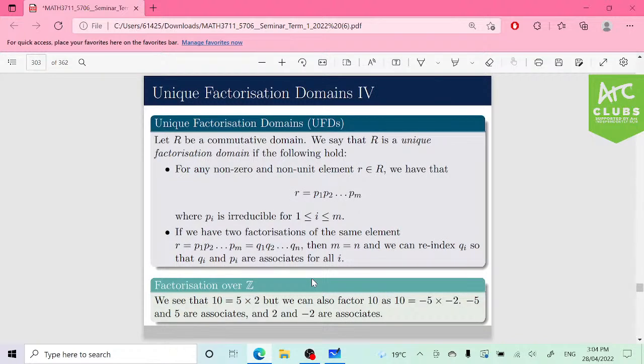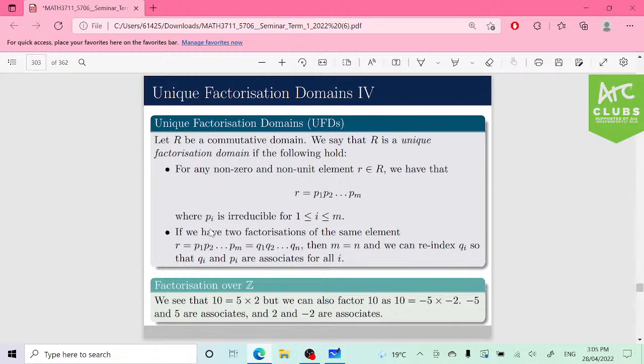Alright, so let's have a look at the definition of a unique factorization domain. Let's start off with a commutative domain, the building block that we're going to begin with. And then we're going to add some additional information about the commutative domain such that we get unique factorization. To begin with, every element inside your unique factorization domain can be written as a product of irreducibles.